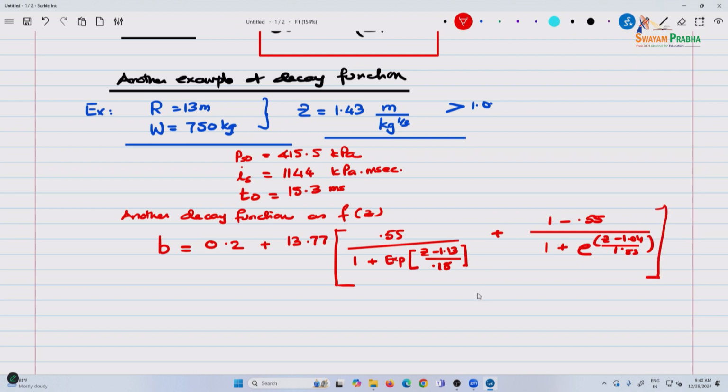And this is valid for 1 less than Z less than 10.